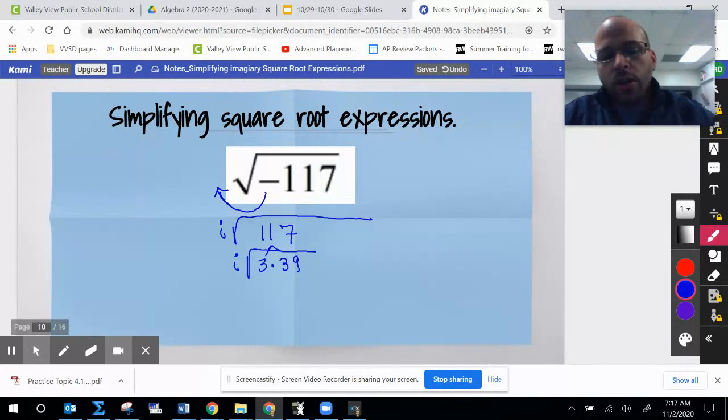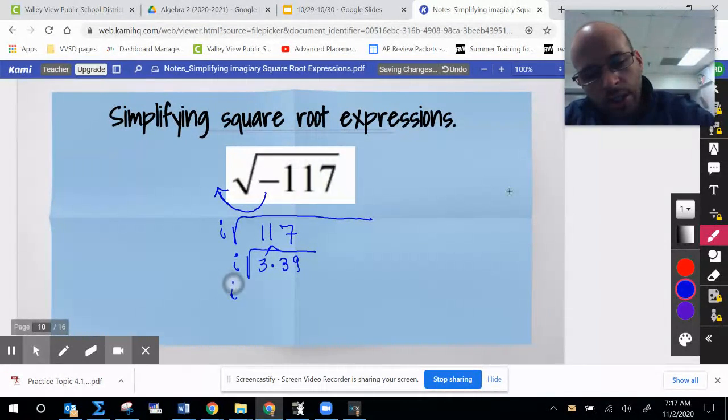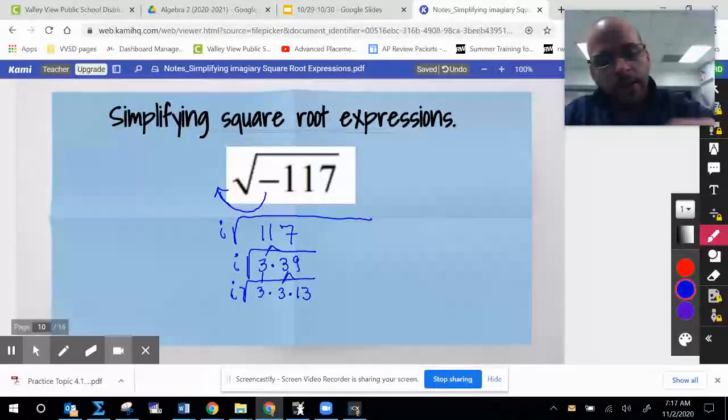So again, you have to find two numbers that multiply to 117. And we do this just like we've done for all the other problems. 39, I can do 3 and 13. Now I can't break down 13 anymore.